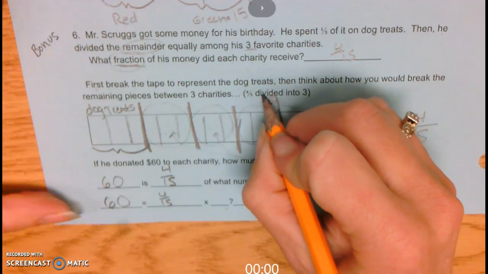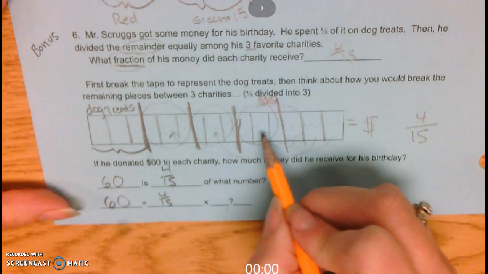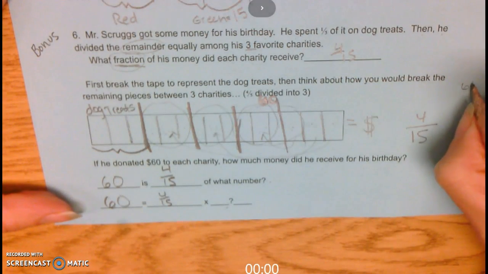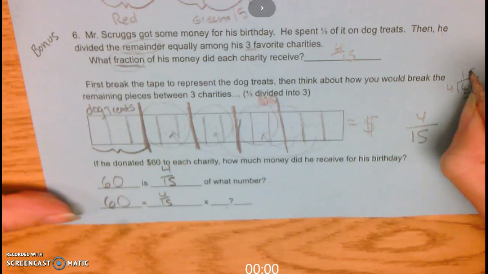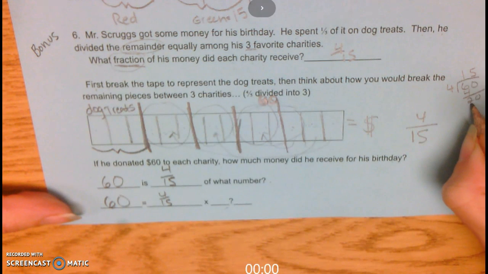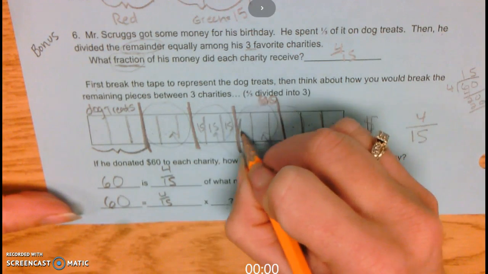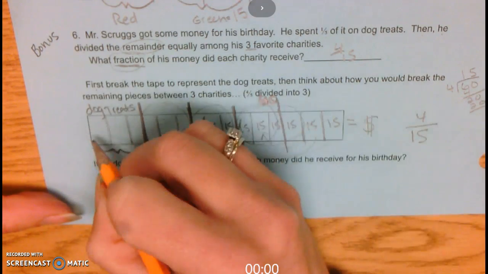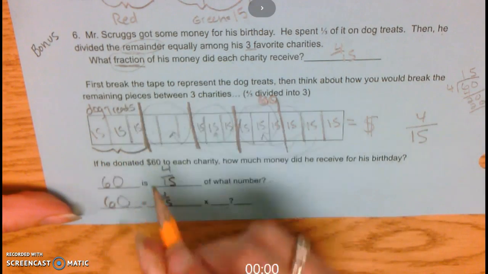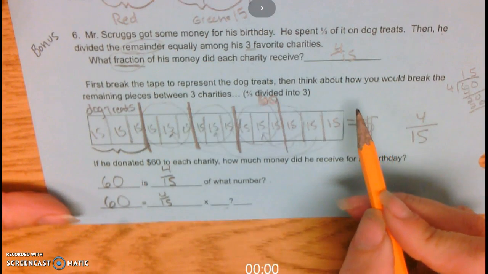60. So if I have 60 here and I need to divide it between 4 pieces, 60 divided by 4 would be 15 in each piece. So that tells me that I have $15 in each of my 15 sections.